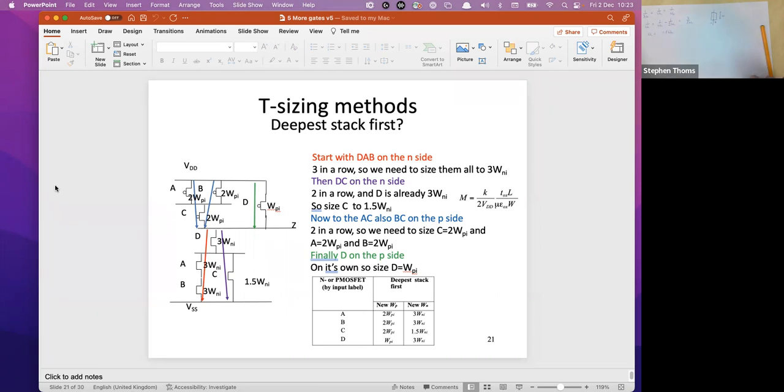And so we are adding 1 over W's because the impedance goes as 1 over W. So impedance varies as 1 over the width. So if you double the width, it's half the impedance. And that's why we need to do it that way.